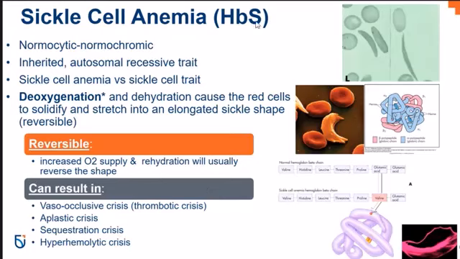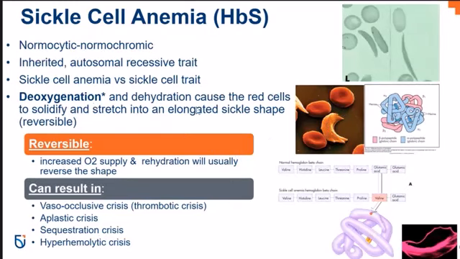So what exactly happens? Well, what you may or may not have known is that the red blood cells will start off as just normal looking red blood cells, normocytic red blood cells, circulating through the body. But under certain circumstances, they can all of a sudden sickle and become this very rigid, sickled shape that doesn't move very well.